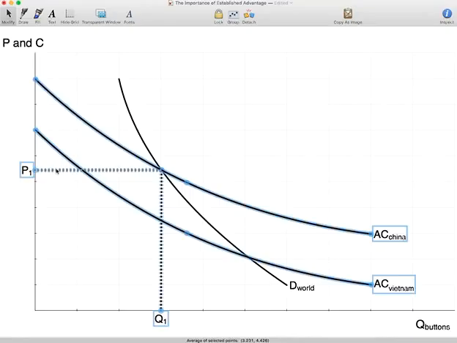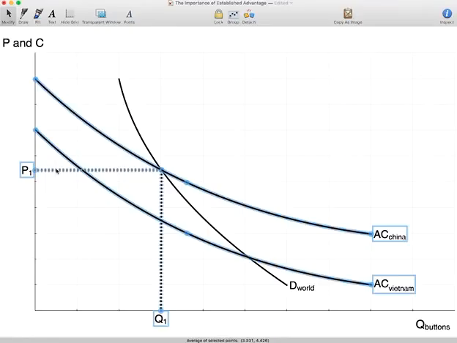Their cost of production will be greater than the world price, and they will lose money in producing those buttons. So the fact that China has an established advantage, that they've already been selling buttons in the world market, it is quite possible that even if another country, here Vietnam, is more efficient at producing, i.e. its average costs are lower than China, they may not sell buttons in the world.